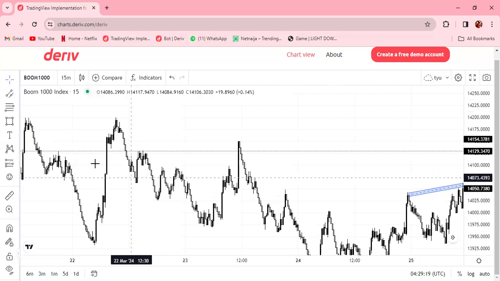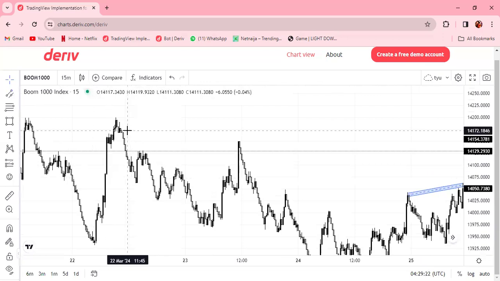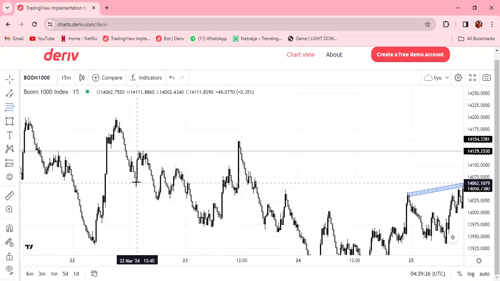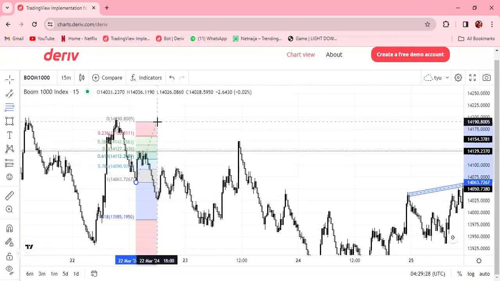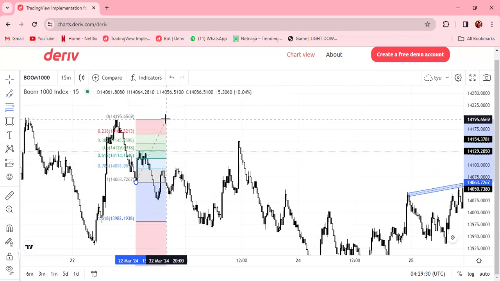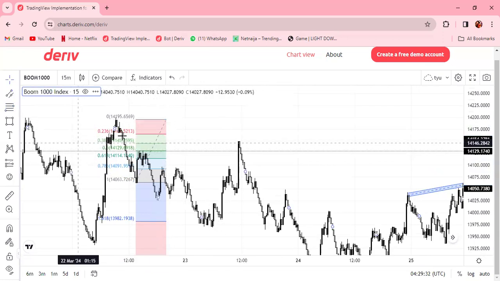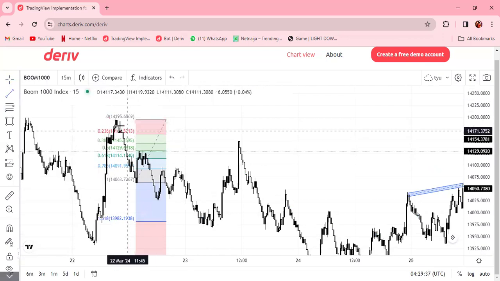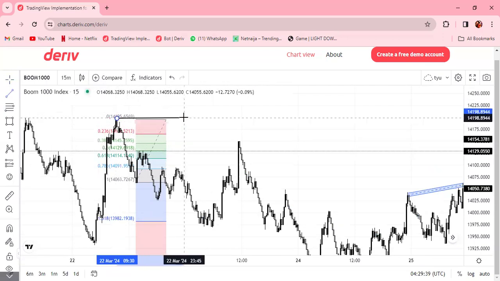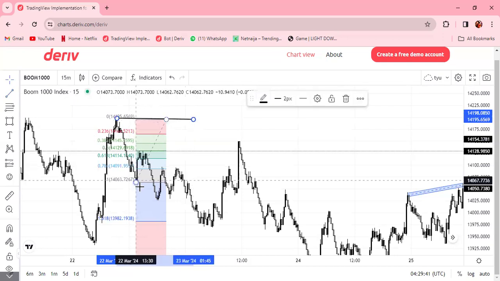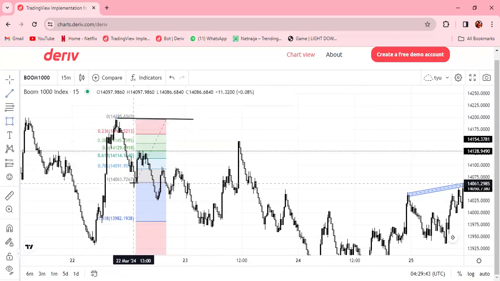Again, we have, let me pull my Fibonacci. My Fibonacci, I'll pull it from here like this to the upside to see where price had to retest after pushing to the downside from this zone right here. It pushed and then it came to this zone here.